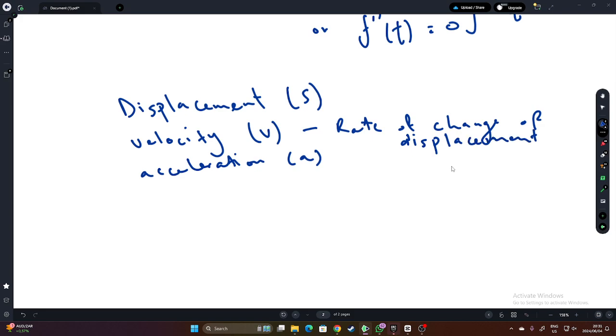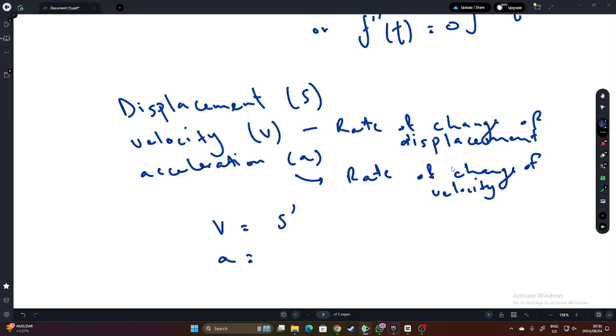So again, we're doing that word association. Rate of change, the rate of change of displacement, that means that velocity must be equal to the derivative of displacement. We're also expected to know that acceleration's definition is the rate of change of velocity, which means that acceleration must be the derivative of velocity, which makes it the second derivative of displacement.